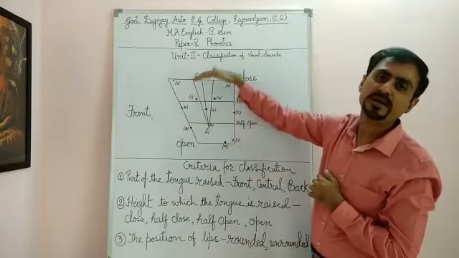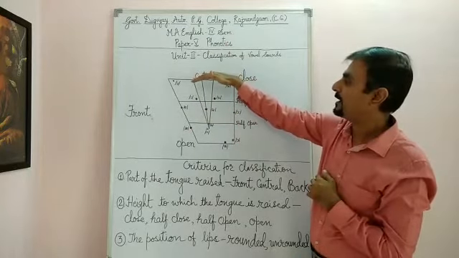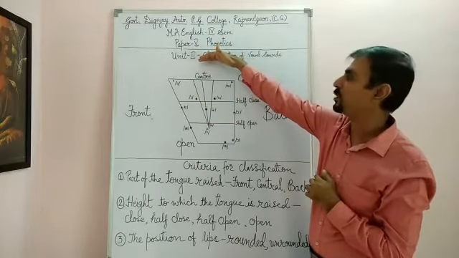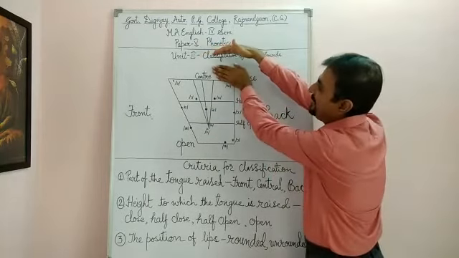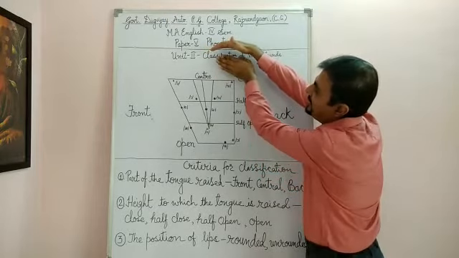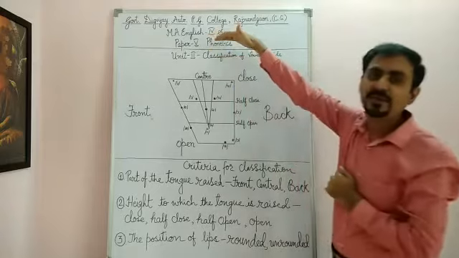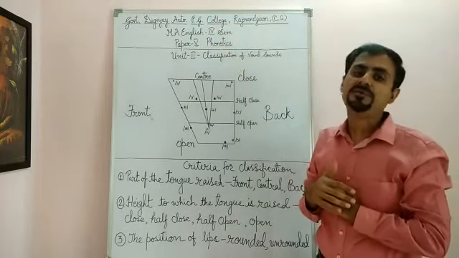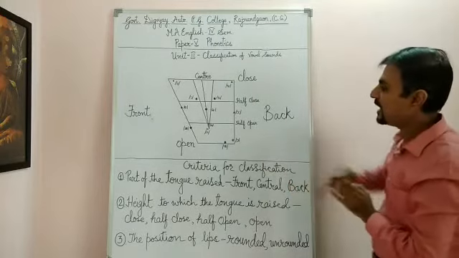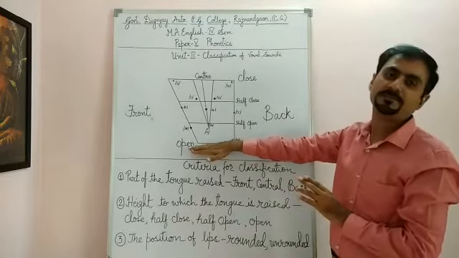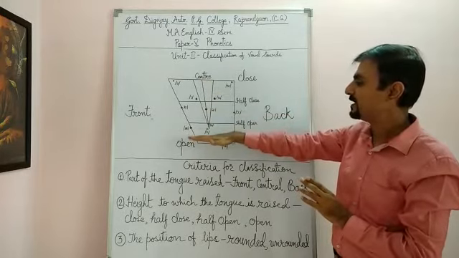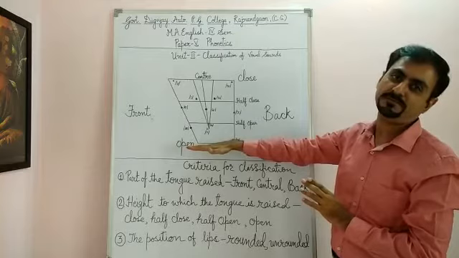The tongue is not raised to a level where the mouth cavity is closed. There is enough gap between the close line and the roof of the mouth for the air to pass freely without any friction. Is that clear? When we talk about open, that means the tongue is in the lowest possible position.